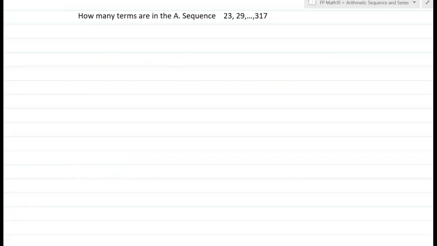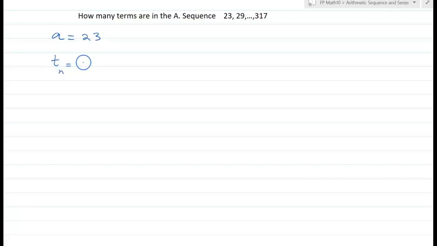Okay, another example. We have a sequence. In this example, we want to find the number of terms. Okay, simple as that. Let's write up what we do have. We have the first term of the sequence is 23. We know the last term of the sequence. We don't know the term number.